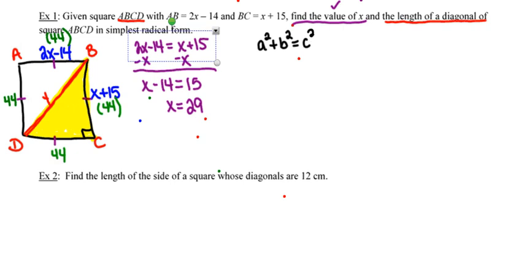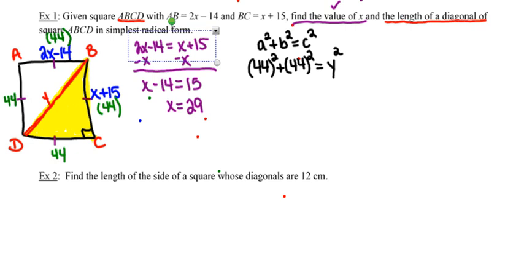So this now becomes an a squared plus b squared equals c squared problem, or 44 squared plus 44 squared equals the hypotenuse, y, squared.